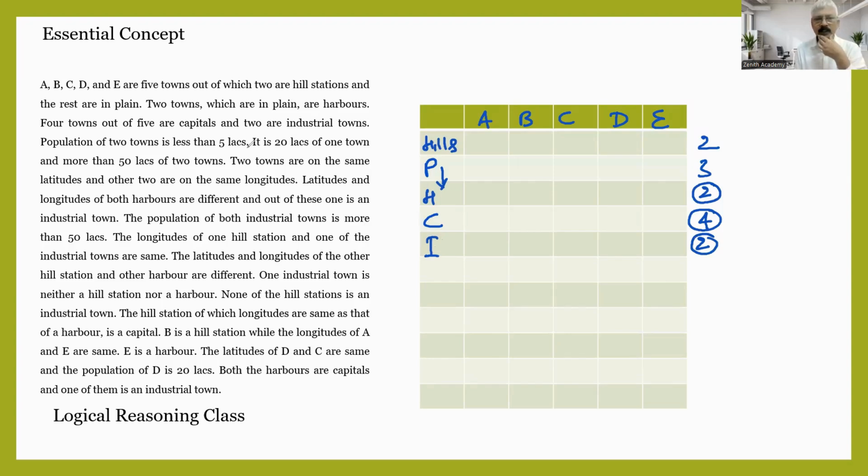Population of 2 towns is less than 5 lakhs.